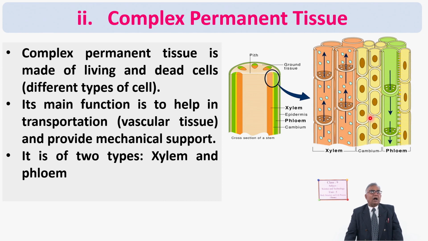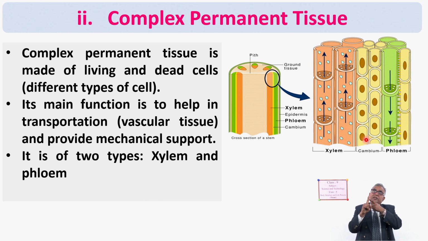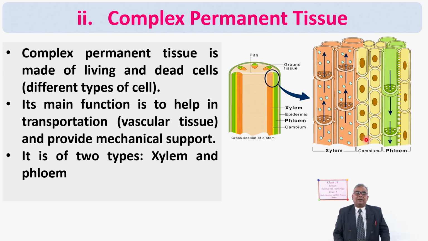Cambium is another layer. During grafting, which you have done in class 8, when 2 stems, 2 branches of different plants are cut and kept in a particular adjustment, then if these 2 cambiums, the cambium of this plant and that plant, become opposite, then only there is more chance of the success of what?